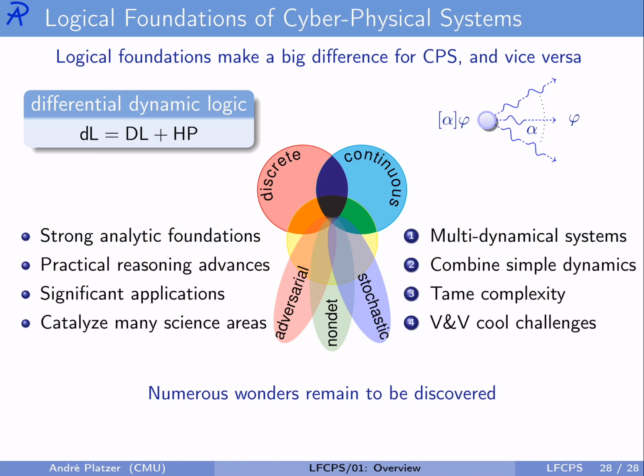The key secret design principles behind the course are, on the one hand, the multi-dynamical systems principle, that systems are described as a combination of simpler dynamical systems aspects, which, because they're individually simpler, tames the otherwise overwhelming complexity of the system. And the course also provides many exciting verification and validation challenges where numerous wonders still remain to be discovered.